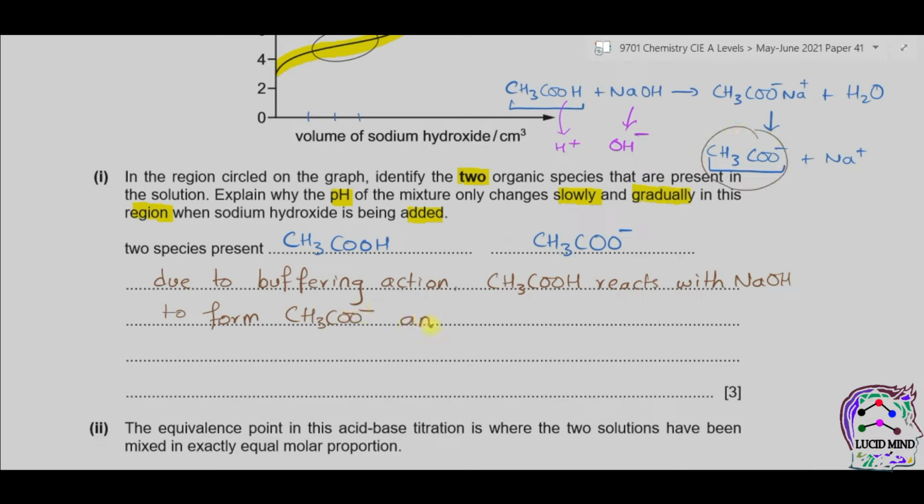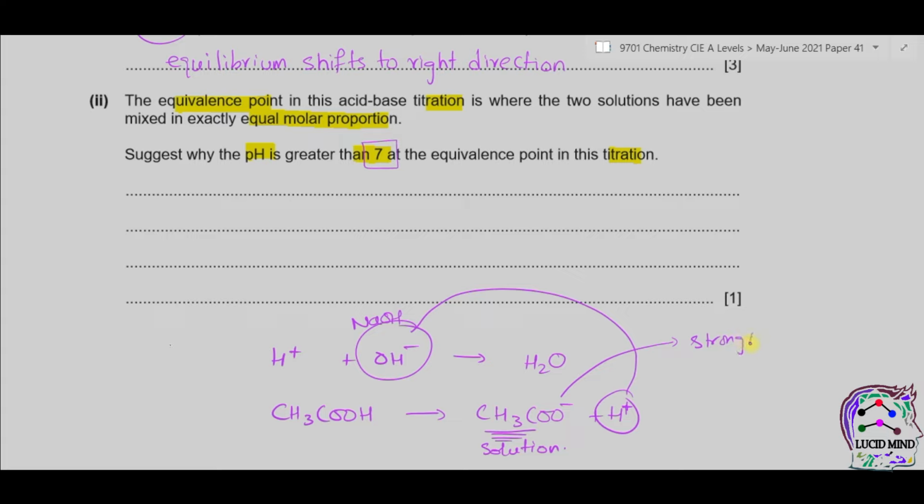And this ethanoate ion is a base because it can react with water to form hydroxide ions. For example, CH3COO negative can react with water molecules to form CH3COOH and release OH negative ions. Due to the presence of these OH negative ions, at the equivalence point the pH is still greater than 7 and the pH is about 9.